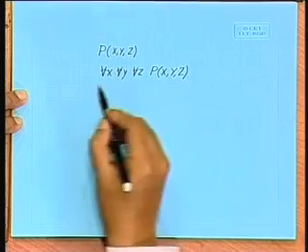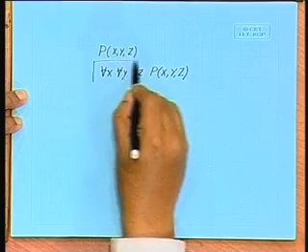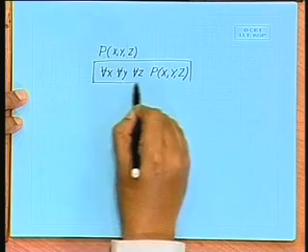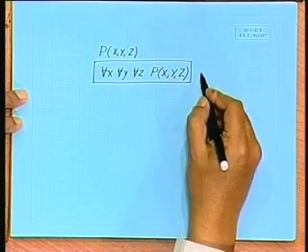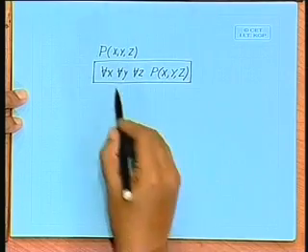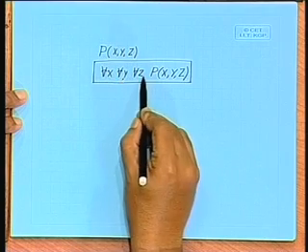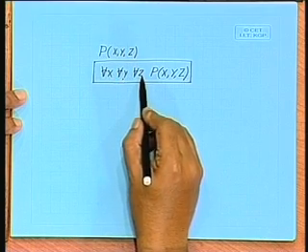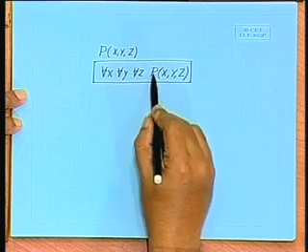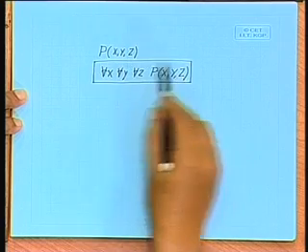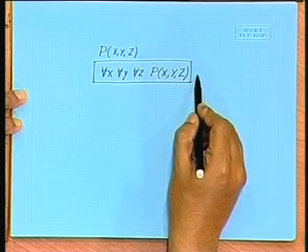So then this whole thing has a truth value. So this whole thing can be true or false. So if it is the case that for all values that x can take, for all values y can take, for all values z can take, this is true, then this whole thing is true.